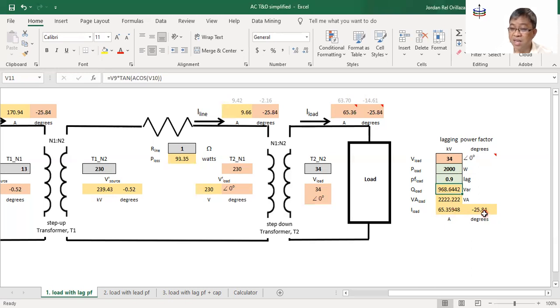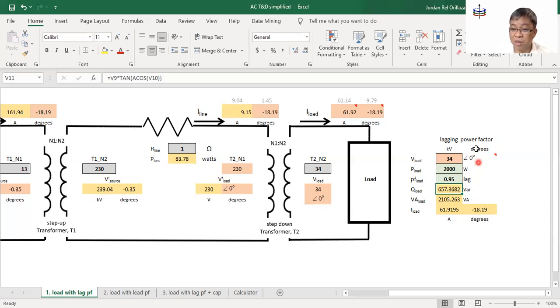Notice that the angle here follows strongly with the power factor that you've picked. If I pick a 0.95 power factor, I now have a smaller angle here. Again, it's negative because the load current lags the voltage, which is set at 0 degrees.